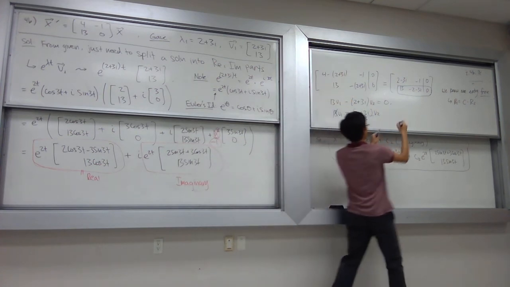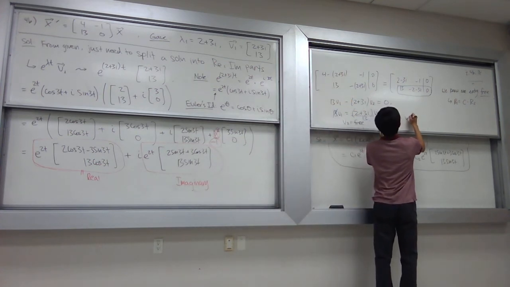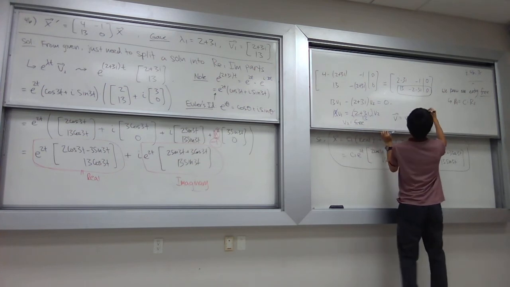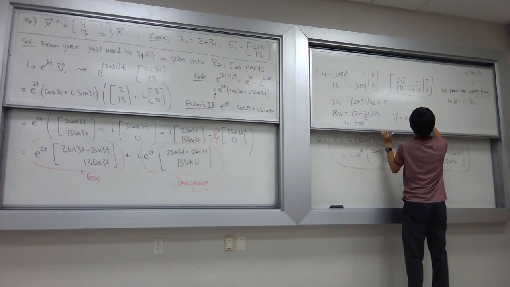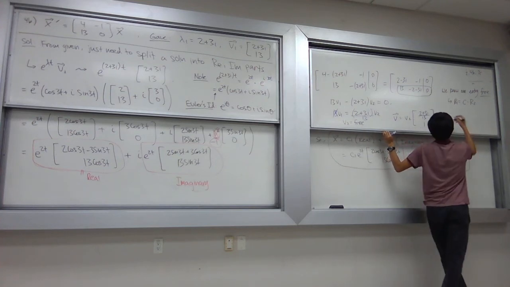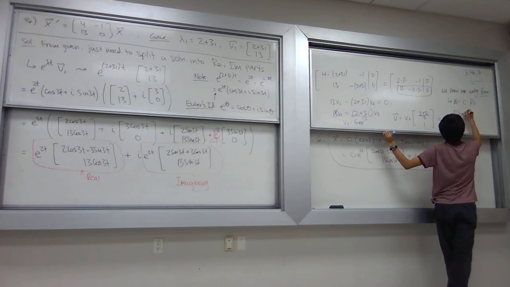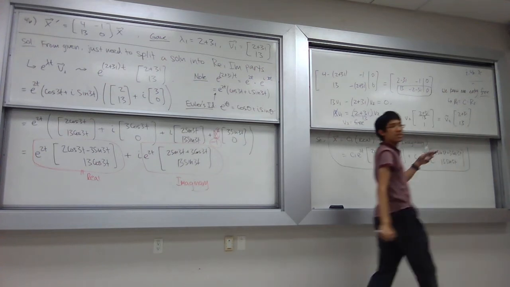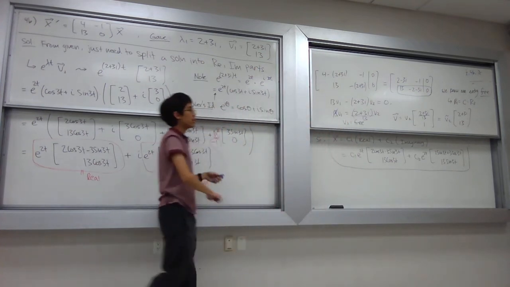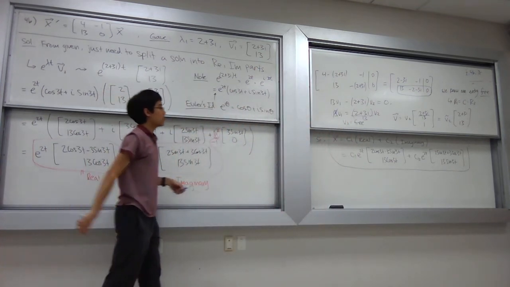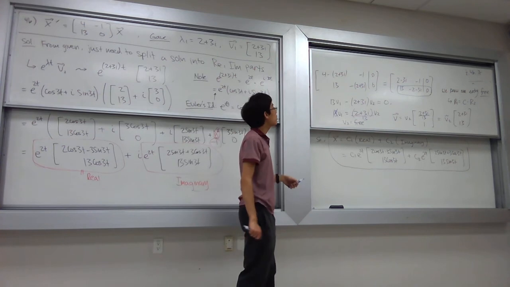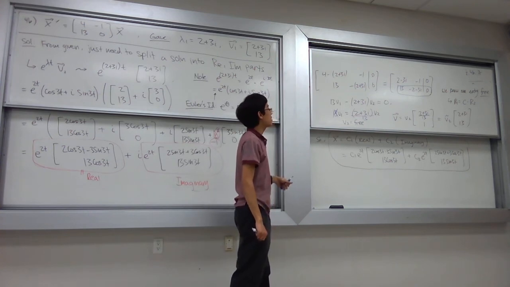So then what does it look like? It looks like V2 times (2 plus 3i) over 13, 1. But yeah, we can just rescale by 13. So that's how we got the one that we had. Okay. How do you know the row 1 is free?